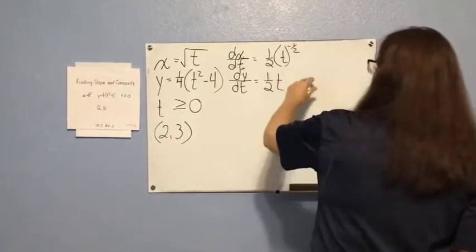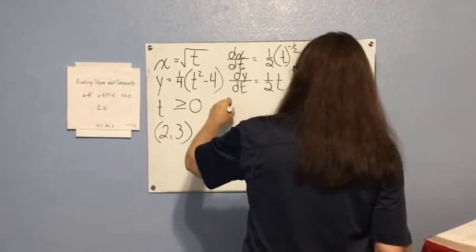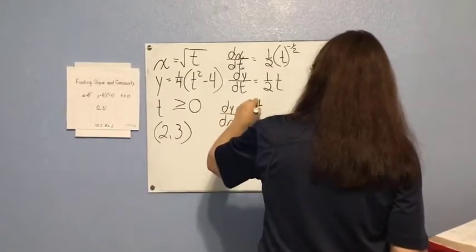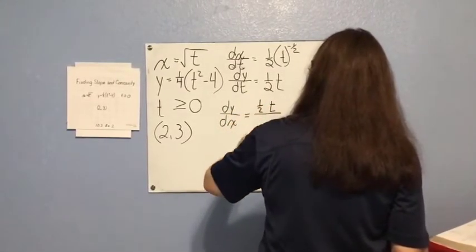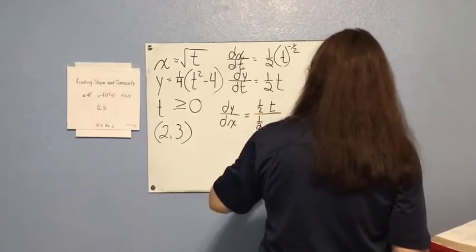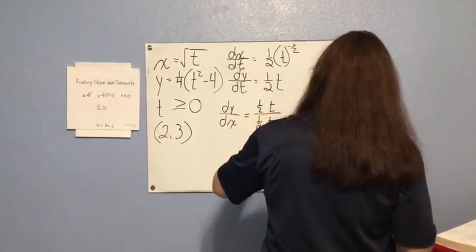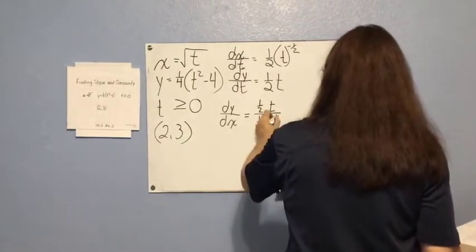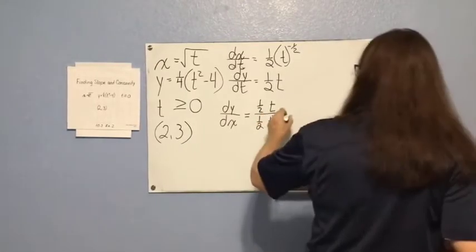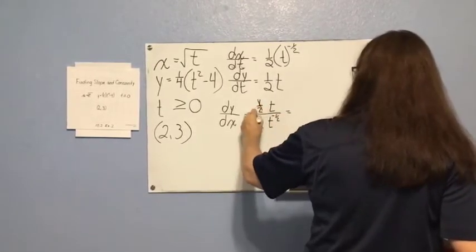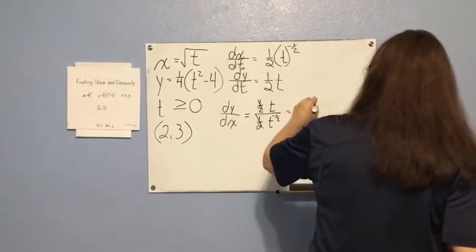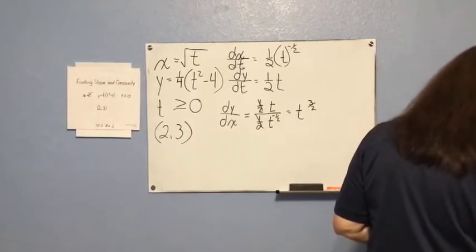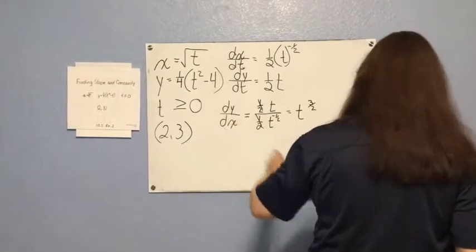Okay, so when I put this together, I've got dy dx is equal to 1/2 t over 1/2 t to the negative 1/2. Which gives us, these cancel out, I've got t to the 3/2 power for my dy dx.